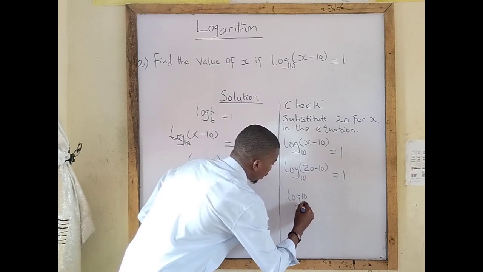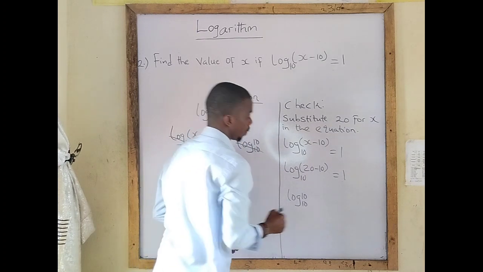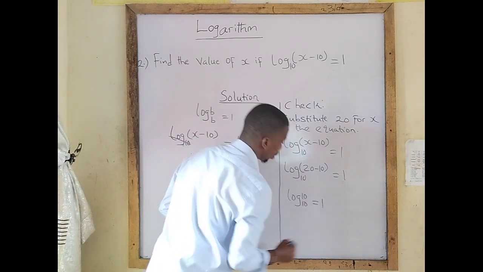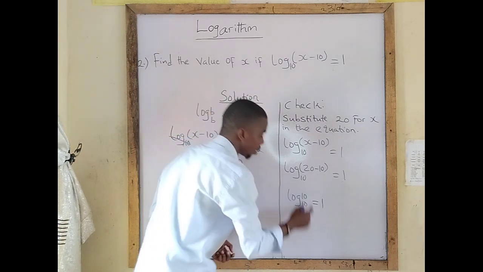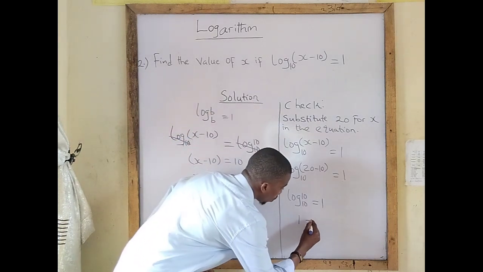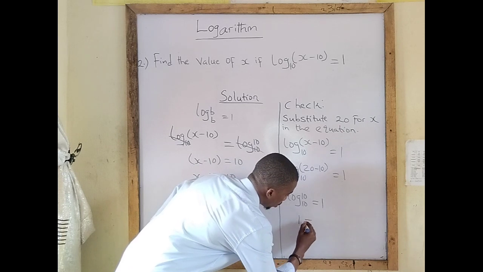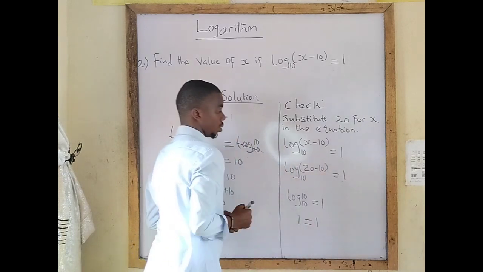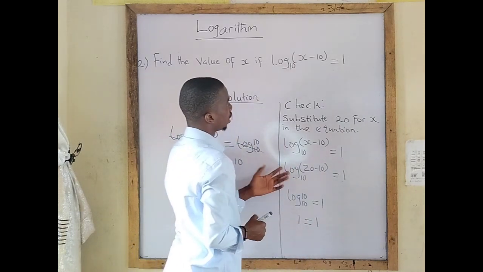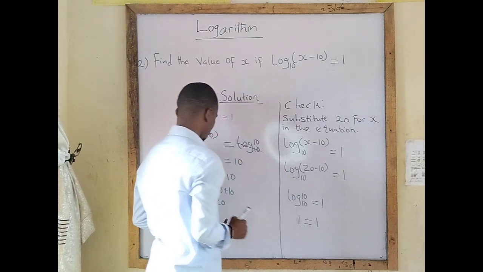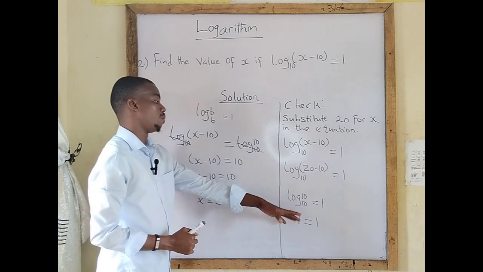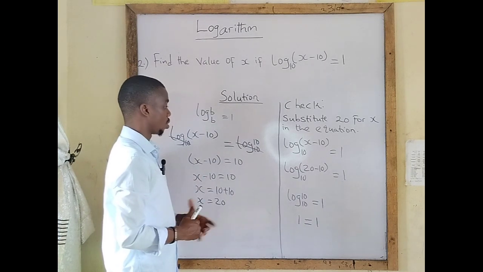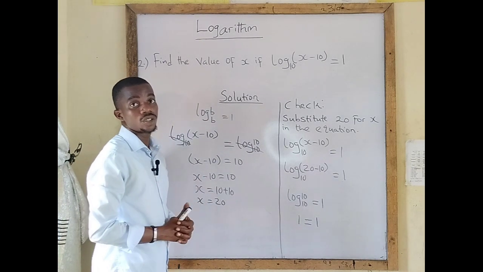So we have log 10 base 10 equal to 1. Log to its own base is 1; base 10 to base 10 is 1. So we have 1 equals 1. Now you can see that our value of x is correct because we have obtained a balanced equation.